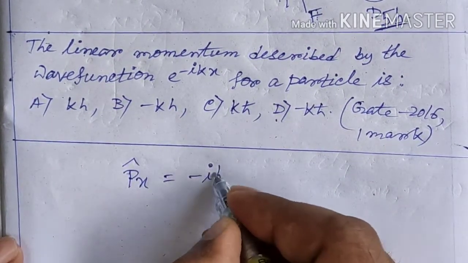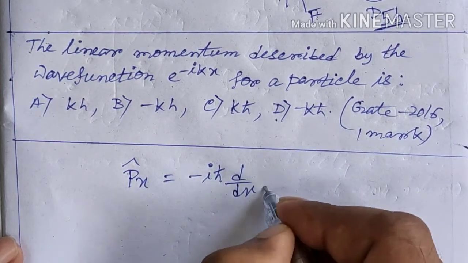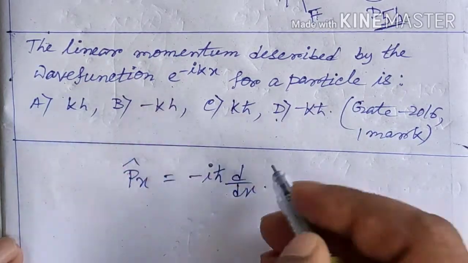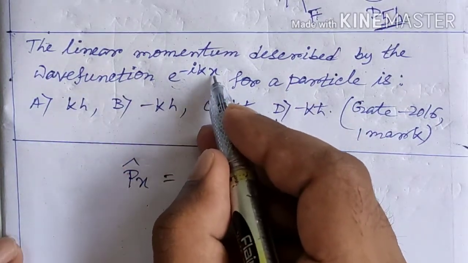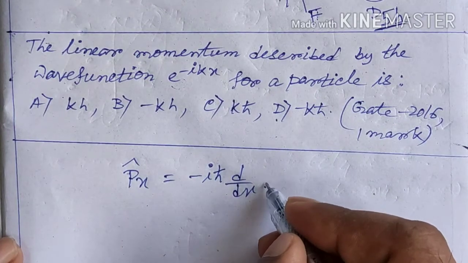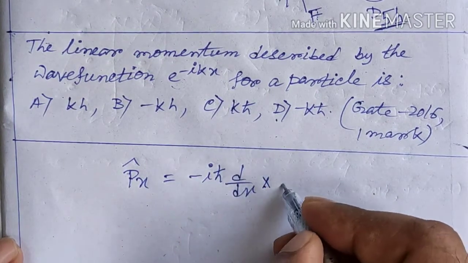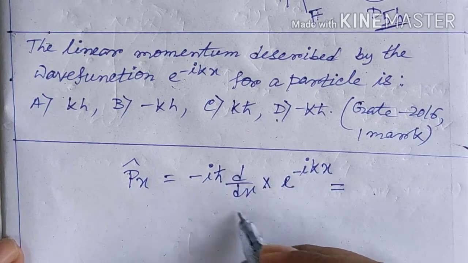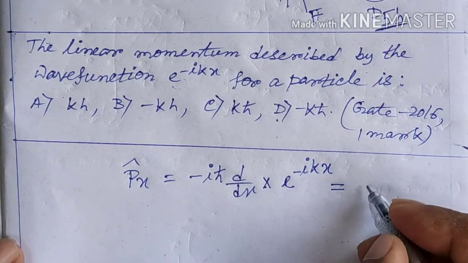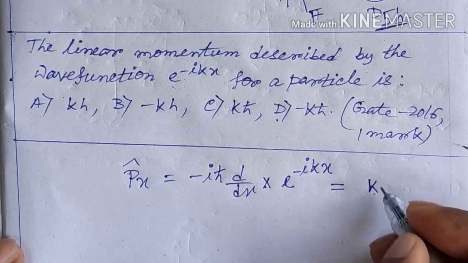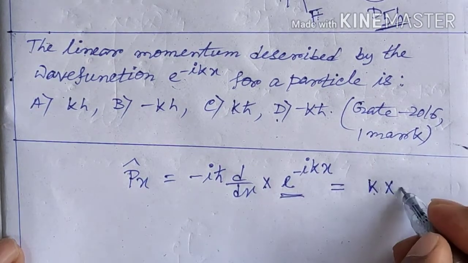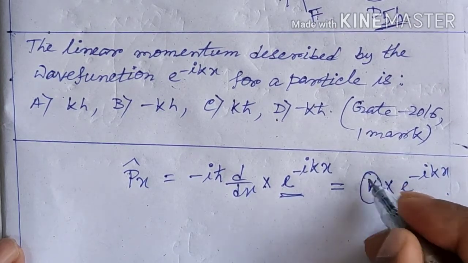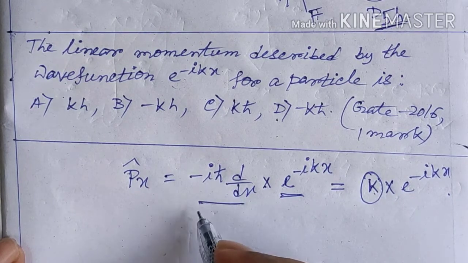which is minus i h cut d/dx, linear momentum described by wave function e to the power minus ikx. If we operate this operator on the given wave function, and if we can transform this calculation in terms of some constant into the same function, then this value will be equal to the linear momentum operator.